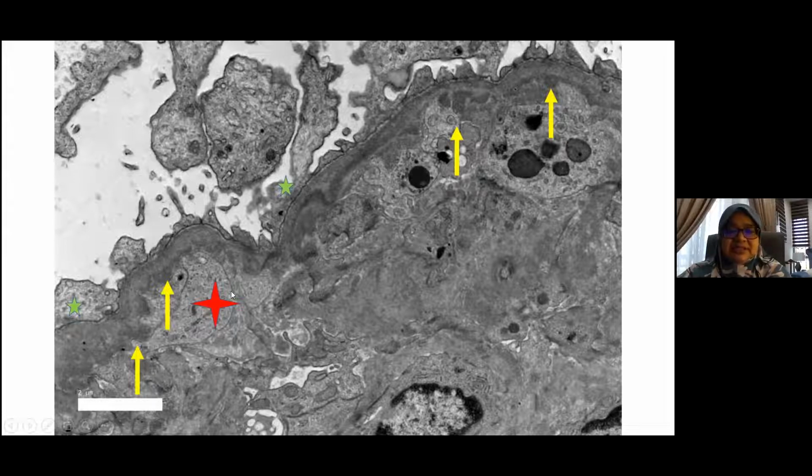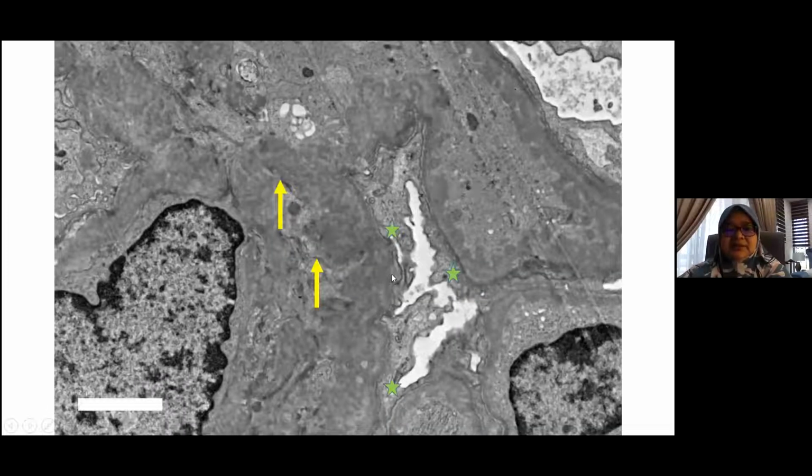This is the mesangial cell, which we saw was proliferating, and this is mesangial cell interpositioning, meaning that the cytoplasmic processes interpose in between the basement membrane, and there is a new basement membrane layer formed. Okay, let's look at other areas.